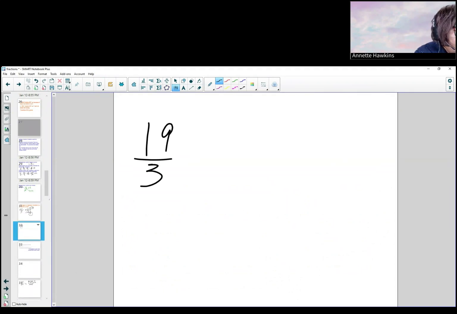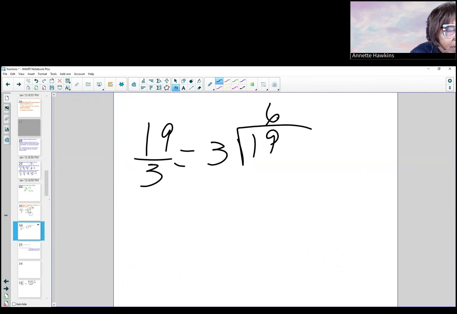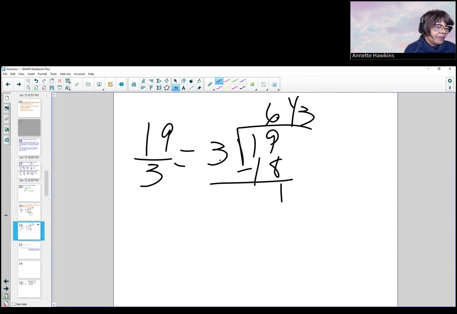19 thirds. 3 goes into 19 6 times. 6 times 3 is 18. Subtract, we get 1. 6 and 1/3. All right, so let's reverse ourselves.